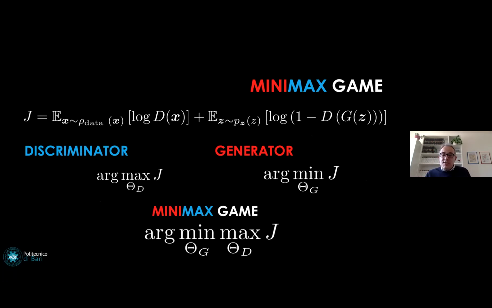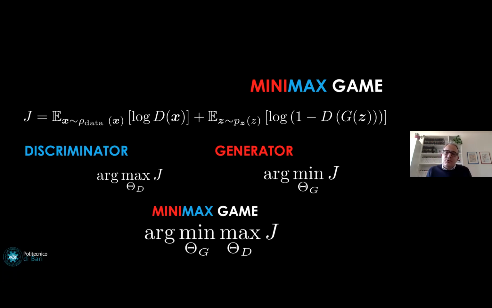And also in this case we have this minimax game. So everything can be modeled by using this loss function. Again, there is someone trying to minimize this loss function, and the other network trying to maximize the loss function.